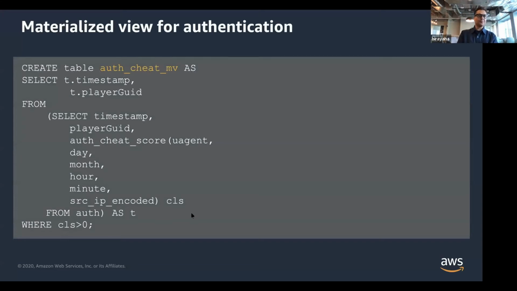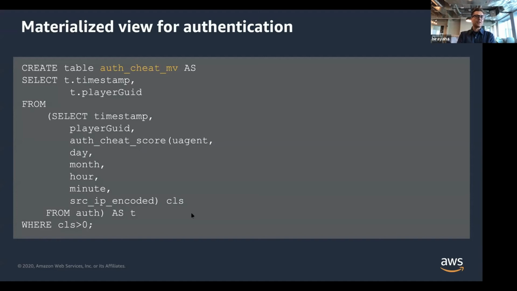Materialized view. We agree that on an hourly, weekly, or daily basis, whatever frequency we want to apply in the online processing of this anti-cheating, we created this materialized view, and it is triggered by a trigger, the same sample you have seen before.